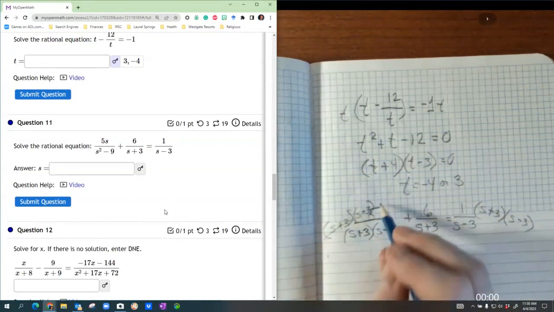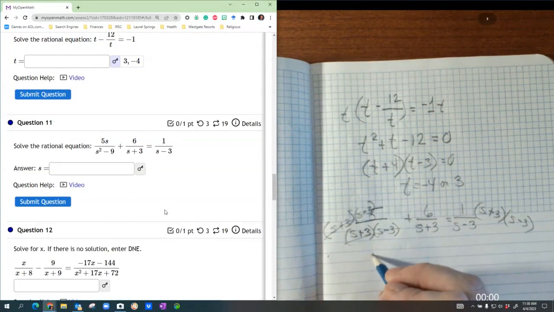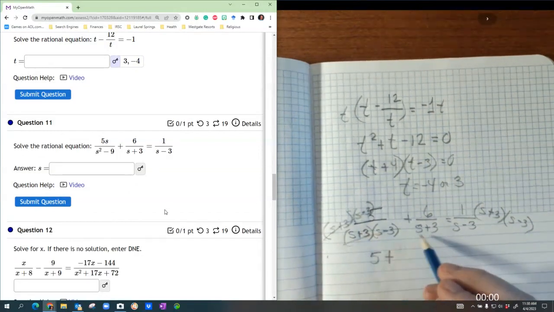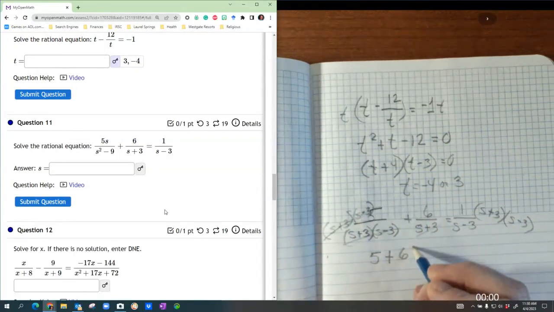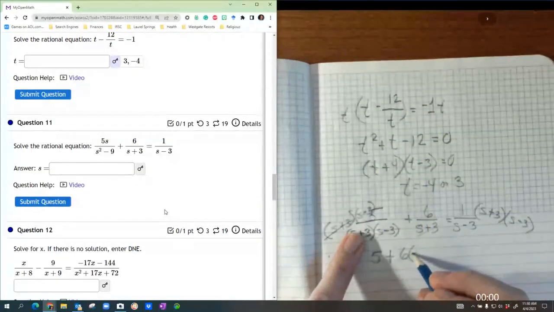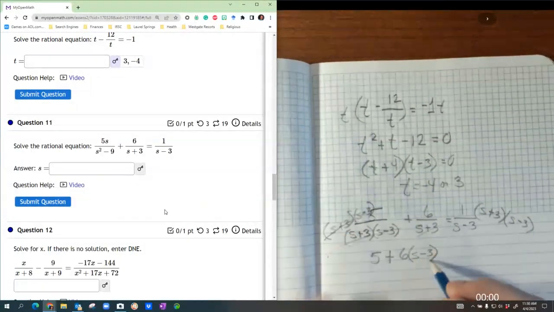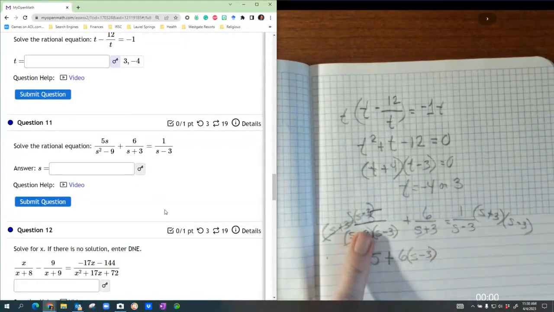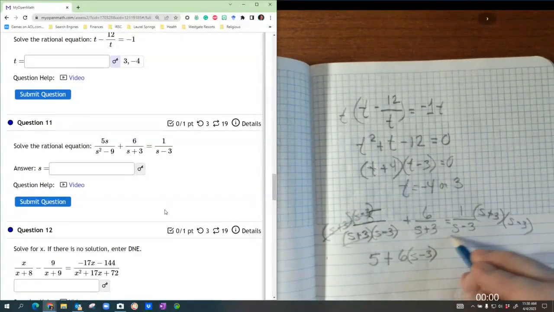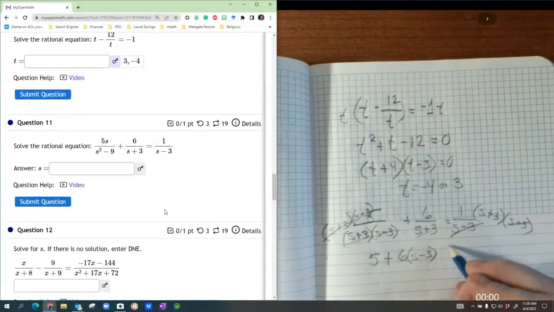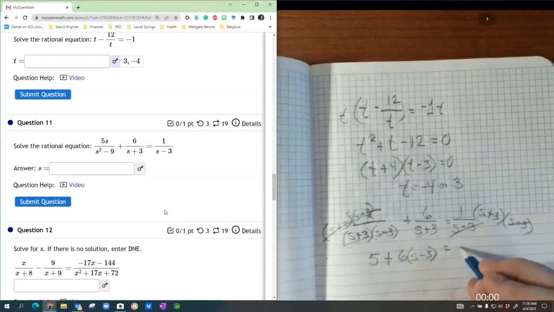When I do this, this will wipe this out, leaving the 5 plus, and then I'm going to distribute this. This wipes this out, leaving the positive 6 times s minus 3. Then I'm going to wipe this out with this, leaving 1 times s plus 3.